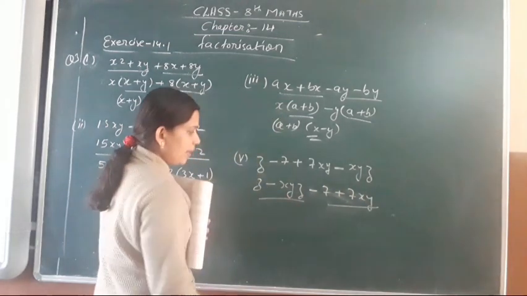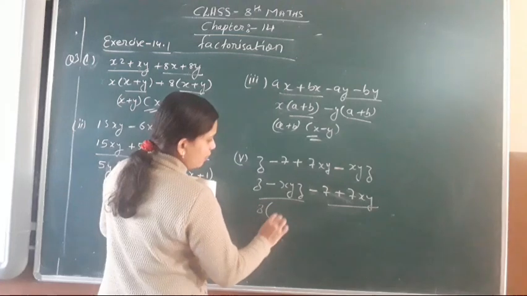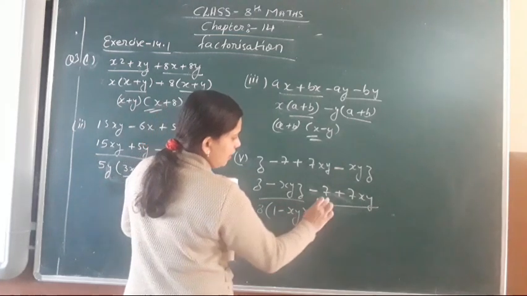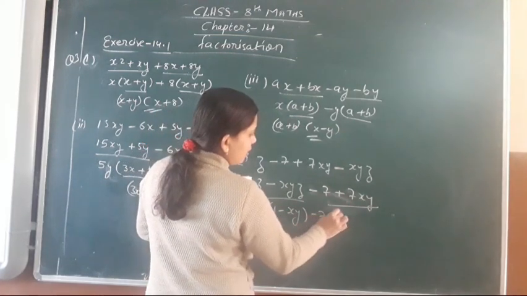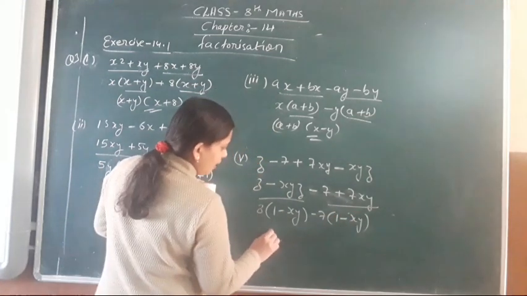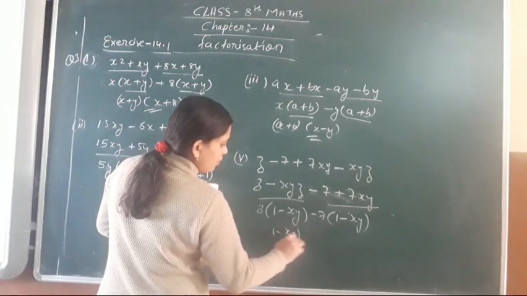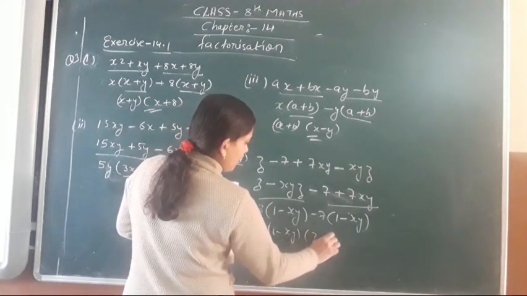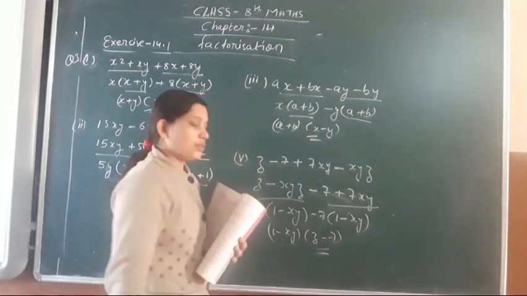So we have made a pair. So z can be taken common, so 1 plus xy, and here we can take minus 7 as common. So 1 plus xy is present in both the terms. What is left out inside is z minus 7. So this is the answer.